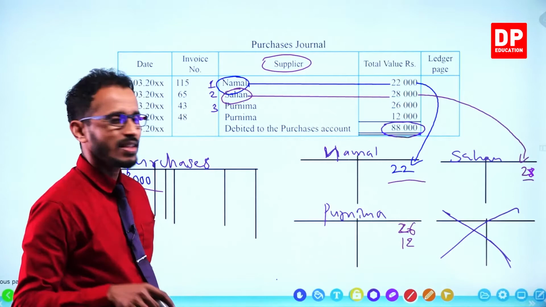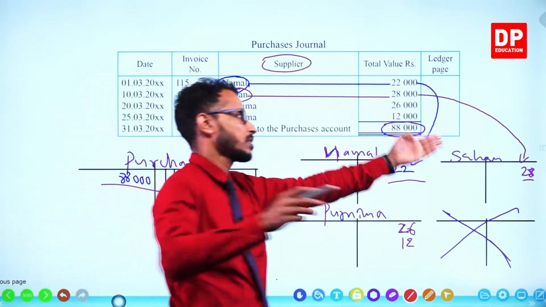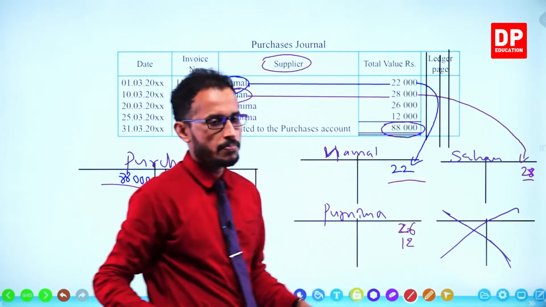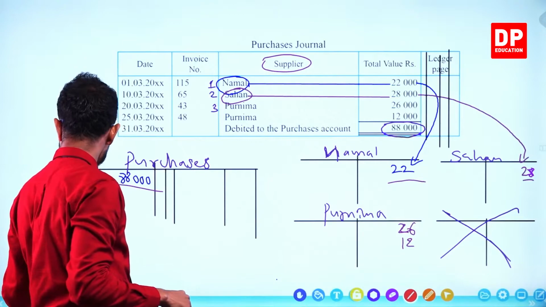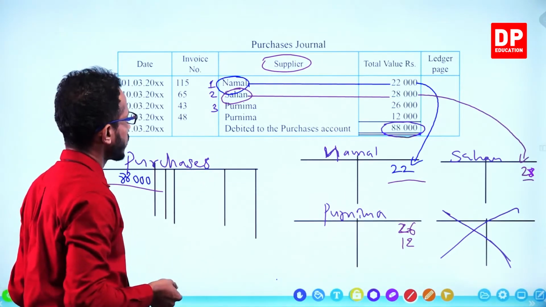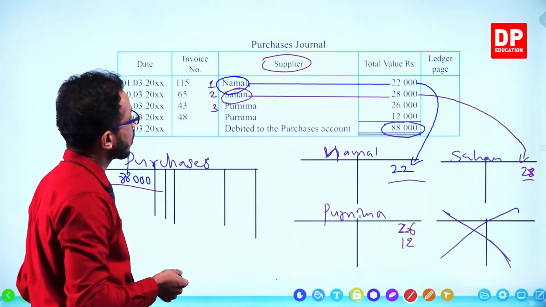But even though you do not have the ledger page column, it doesn't matter. Okay, but just in case, I have drawn a ledger page column in my purchases journal.